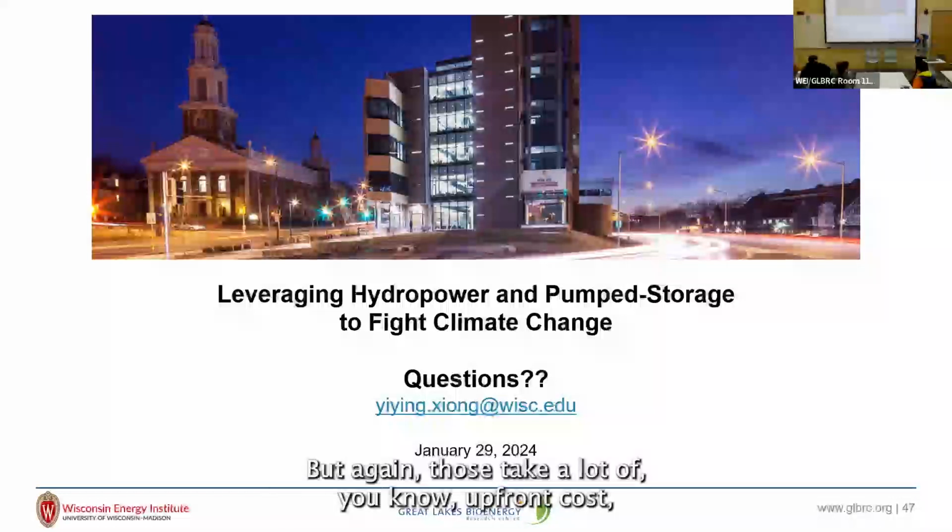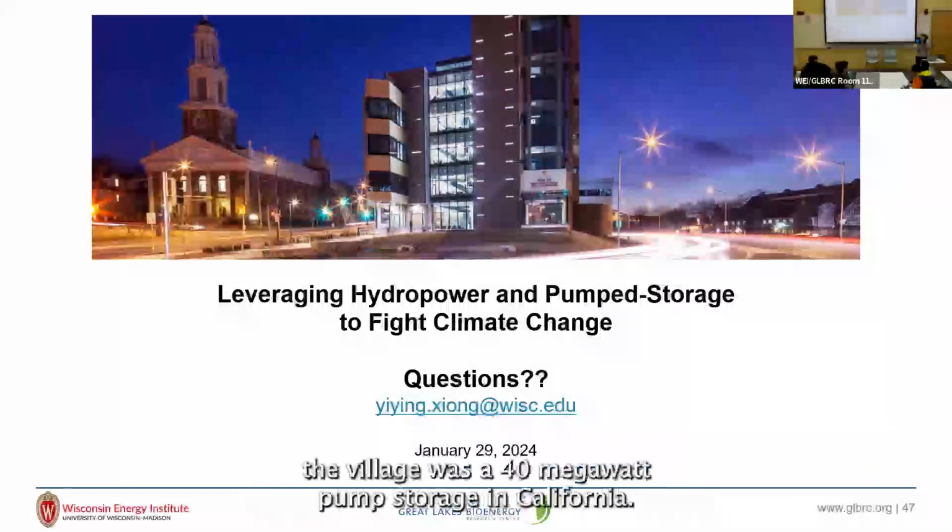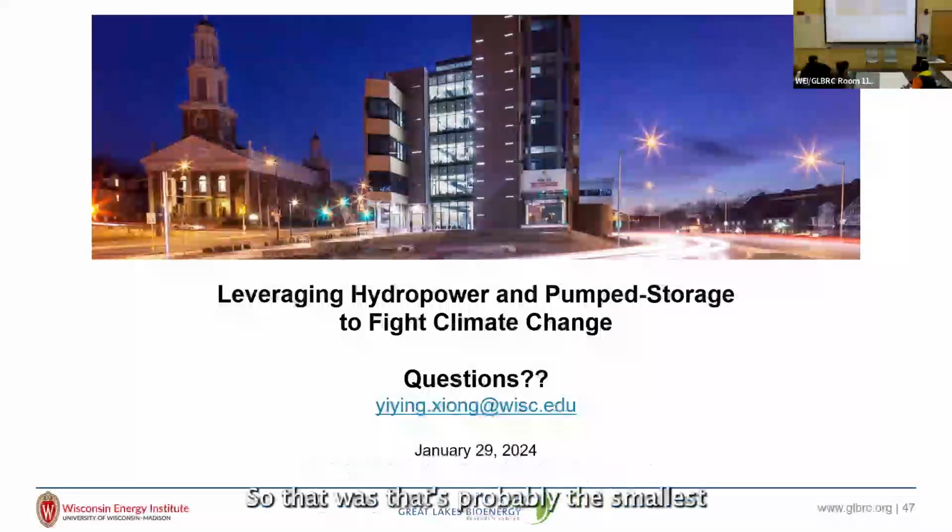But again, those take a lot of upfront cost. The most recent pump storage in the US that's been built was a 40 megawatt pump storage in California. So that's probably the smallest one running currently that I'm aware of.